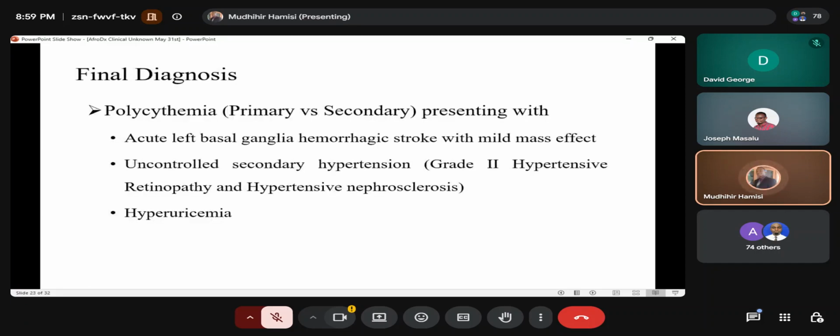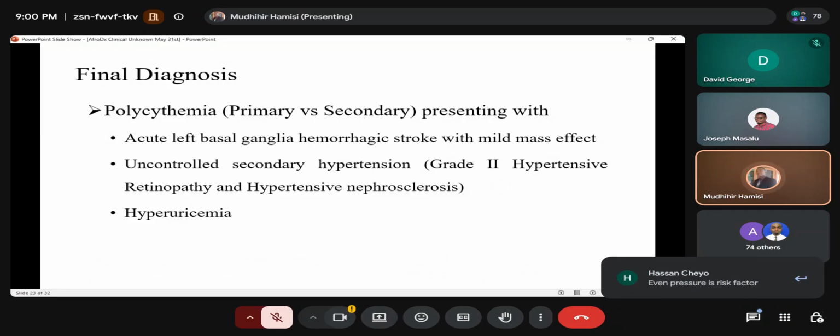But it's been said so, we are still entertaining the diagnosis of polycythemia. However, we didn't conclude if it was really secondary because the JAK2 doesn't rule out the primary, which is presenting with the stroke, which was acute left basal ganglia hemorrhagic stroke with mild mass effects.